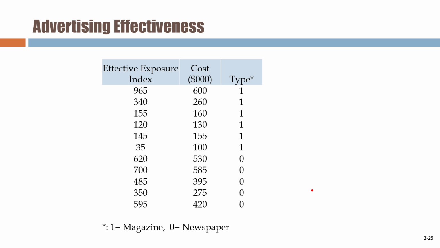This is an example of interaction. So effective exposure index, this is like when you do advertising. The effective exposure index is how many people actually recognize our advertisement. It is not directly, but it is related to how many items you're going to sell, because if the customer doesn't recognize our advertisement, the advertisement effect will not be there at all.